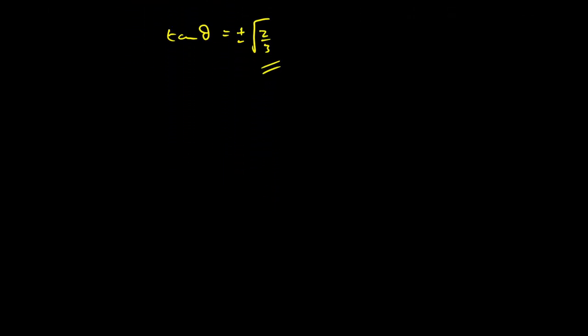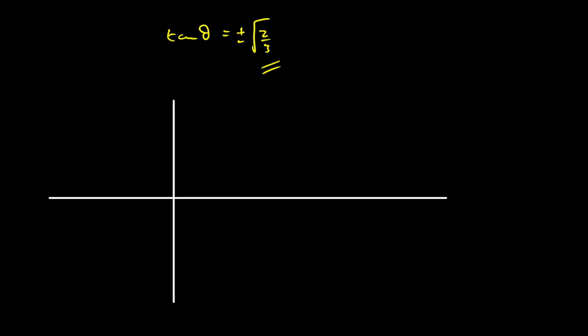There are different ways we can solve trigonometric equations. Sometimes we use the unit circle, sometimes we use the graph, and in this case, I'm going to use the graph. So I'm going to graph out y is equal to tan theta, and I'm going to use that to find out when tan theta is equal to plus or minus root 2/3.